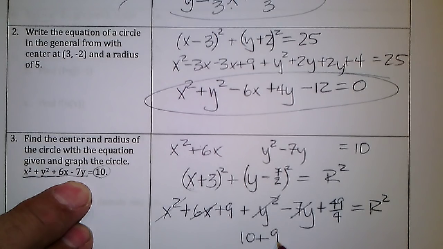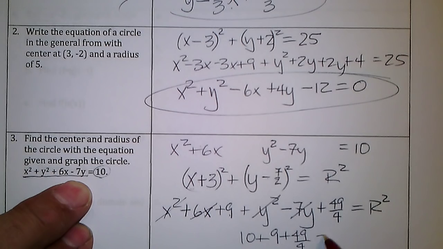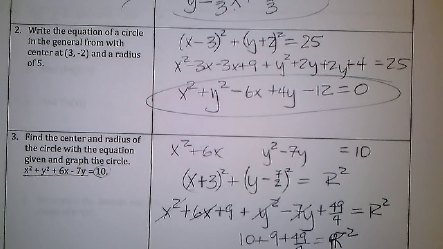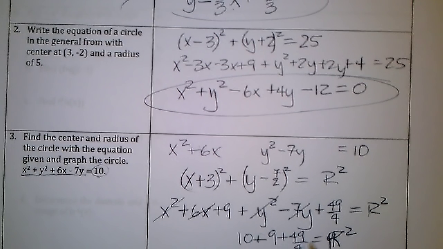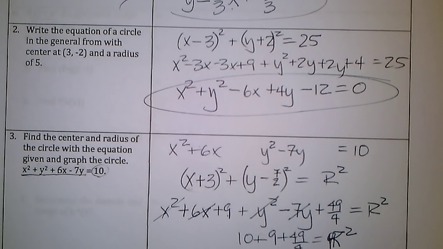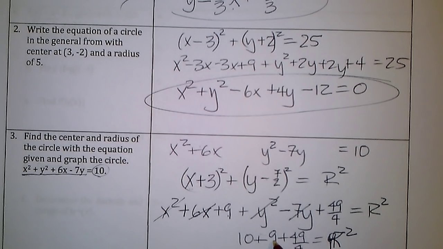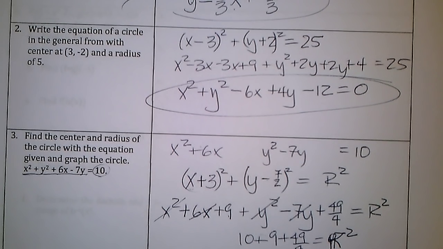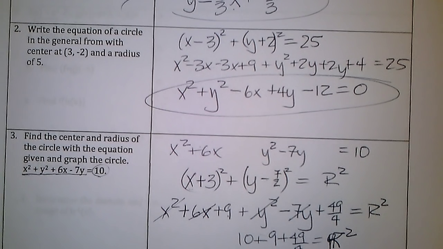Plus the 9 we still have, plus the 49 fourths is r squared. So that's 19, and that's 10, 12 and a quarter. 19 plus 12 and a quarter is 31 and 1/4 is r squared.